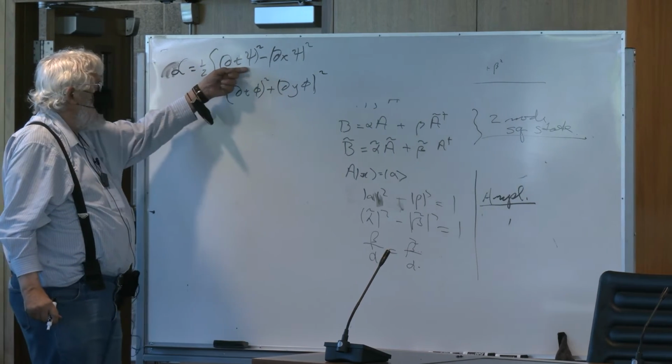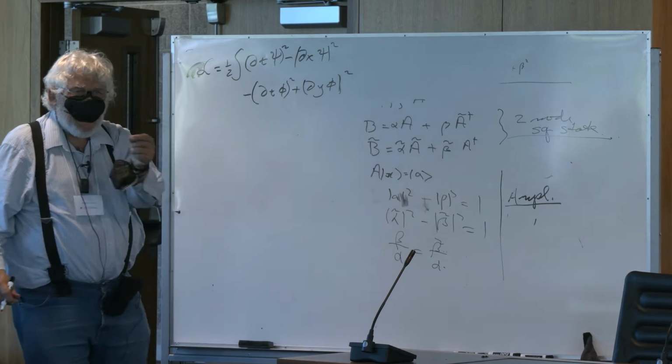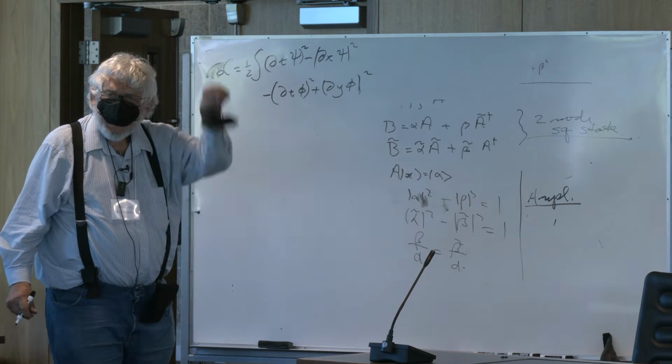So this is a Lagrangian of two fields, psi and phi. Psi travels along the x-axis. Phi travels along the y-axis.